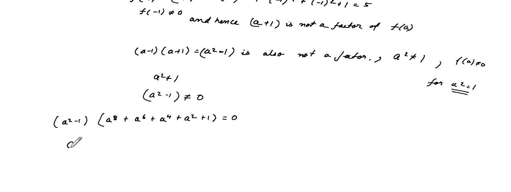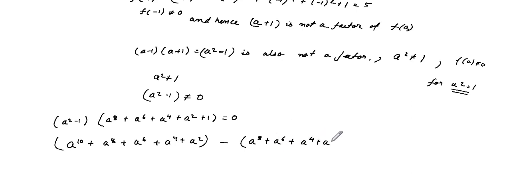Now it will come out to be a to the power 10 plus a to the power 8 plus a to the power 6 plus a to the power 4 plus a square minus a to the power 8 plus a to the power 6 plus a to the power 4 plus a square plus 1 is equal to 0. If you can clearly see, we have a to the power 8, 6, 4 and 2, and the same thing here with the negative sign. So we clearly get that a to the power 10 minus 1 is equal to 0.